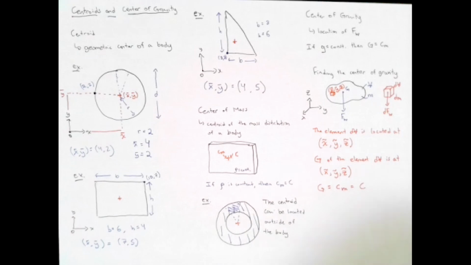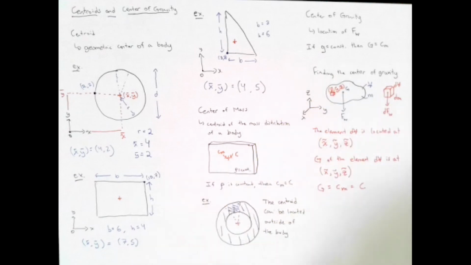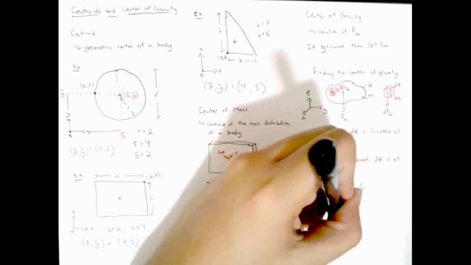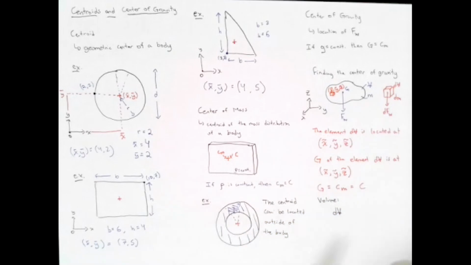Well, we can use a bit of differential analysis to find some information about this element and relate it to the body as a whole. So what do we know? We know that this element has a volume of dV. It's the volume of this tiny element.